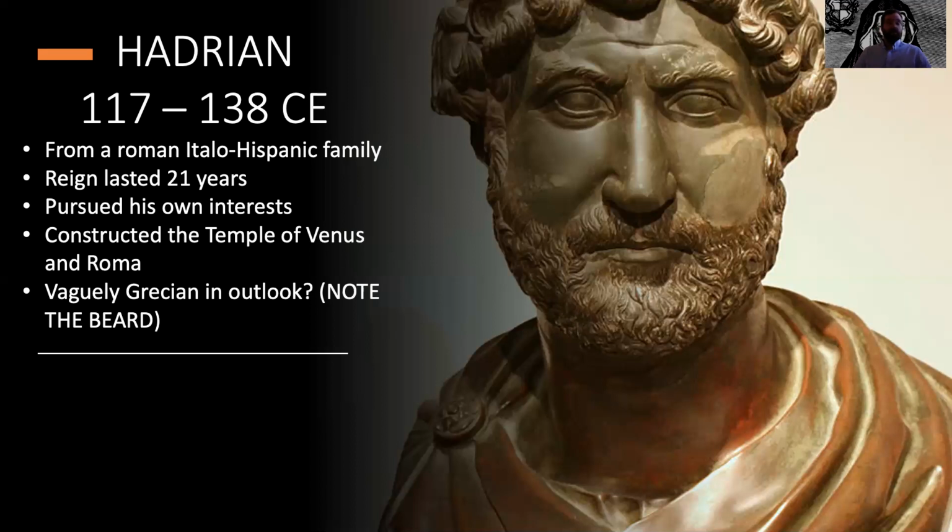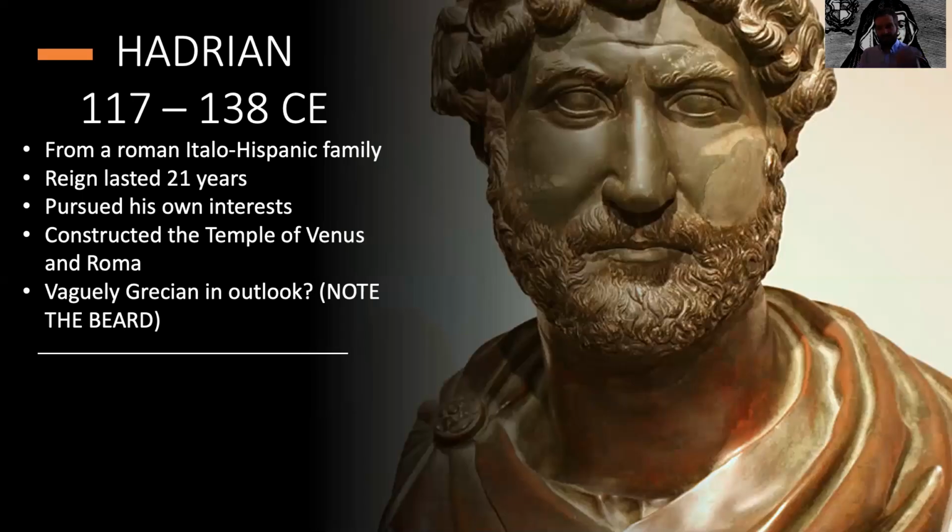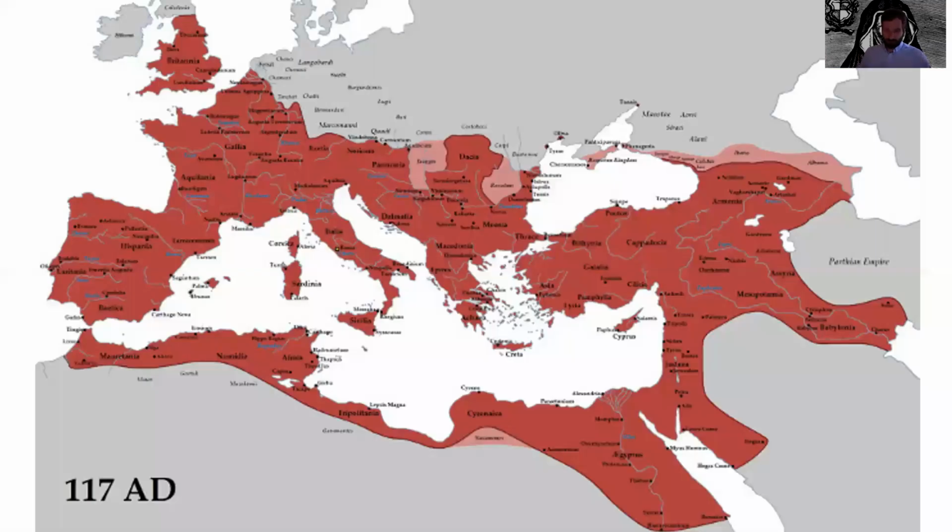But he was generally regarded as a pretty good emperor too, but he inherited the Roman Empire at its greatest extent, right? This is 117 AD, and you can see that Hadrian took the reins of the Roman Empire at 117.